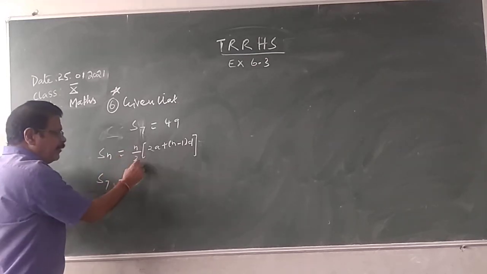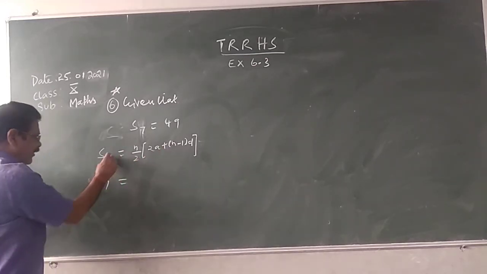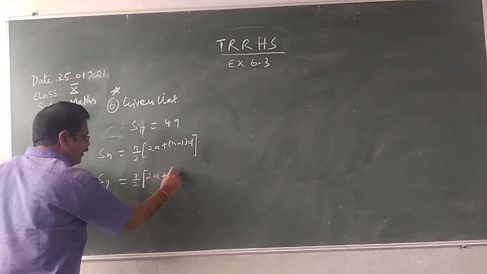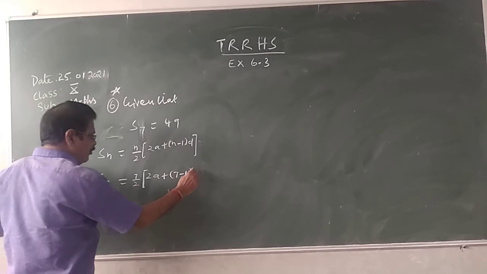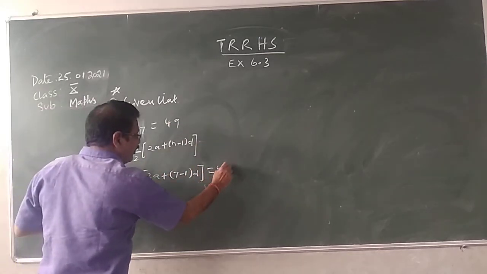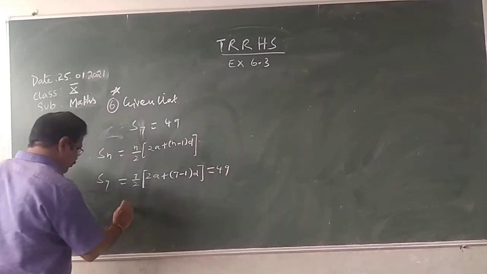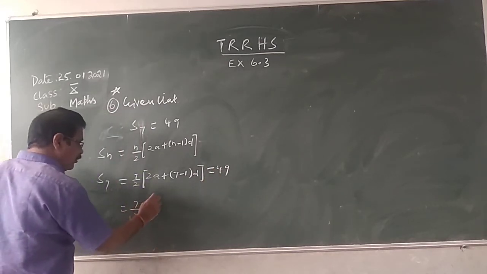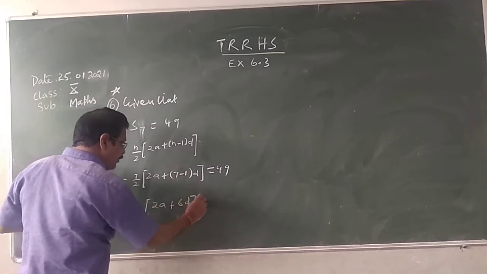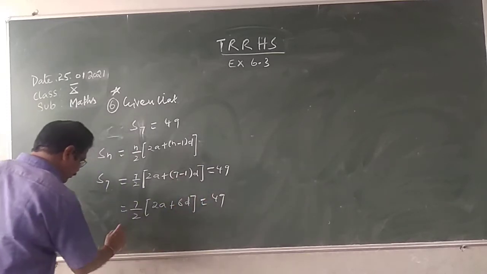Sum of the n terms formula: n by 2 into 2a plus n minus 1 d. S7, so n is equal to 7. 7 by 2 into 2a plus 7 minus 1 d. S7 is equal to how much given? 49. So 7 by 2 into 2a plus 6d is equal to 49.